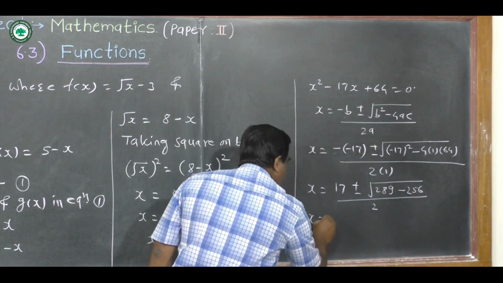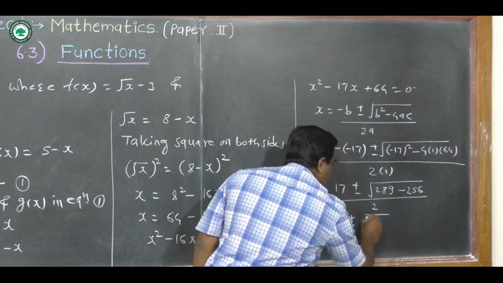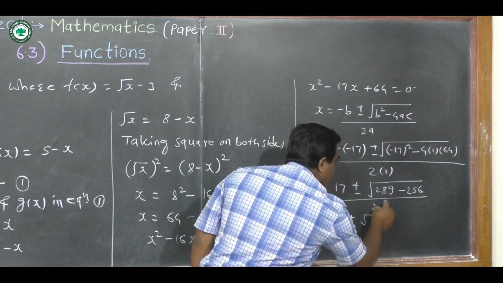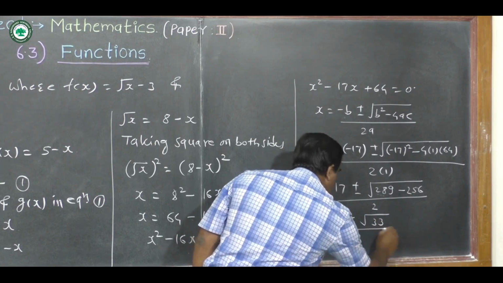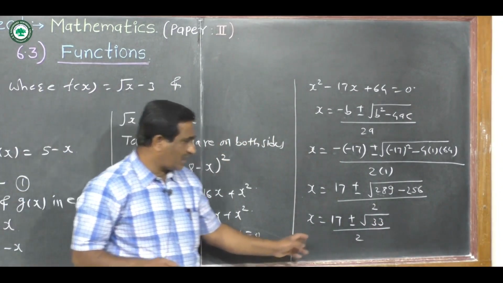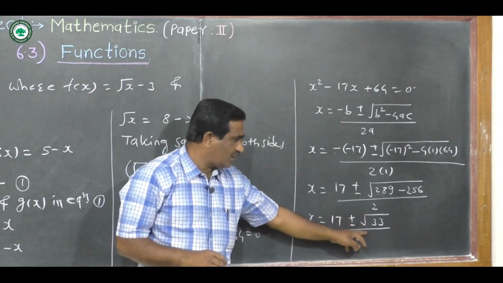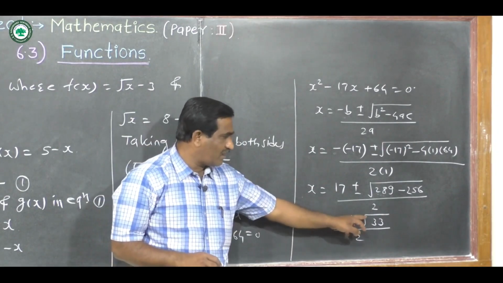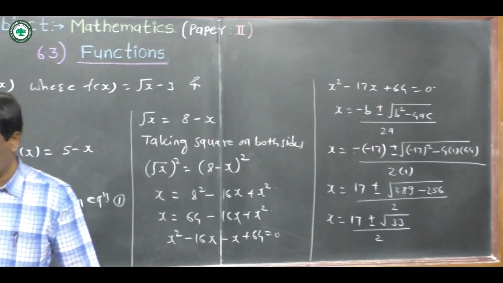That is, we get here x is equal to 17 plus or minus under root, take this subtraction, 289 minus 256, 33, upon 2. These are the values of x. X is equal to 17 plus under root 33 upon 2, or x is equal to 17 minus under root 33 upon 2. Okay, this is the answer for this example.